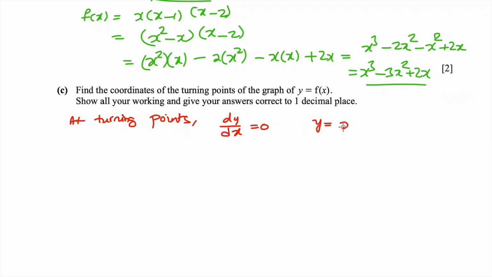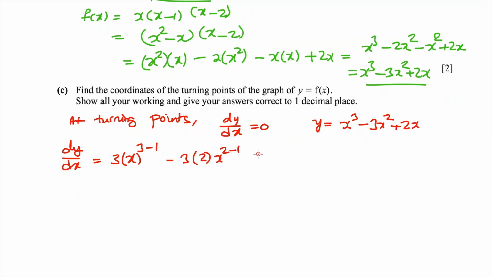So y is equal to x cube minus 3x square plus 2x, and therefore dy by dx would be equal to 3 into x power 3 minus 1 minus 3 into 2 into x power 2 minus 1 plus 2 into 1 into x power 1 minus 1. That is equal to 3x square minus 6x plus 2, and this is the value of dy by dx.